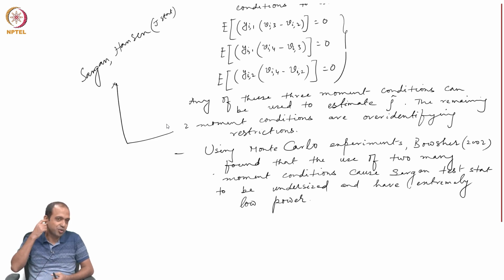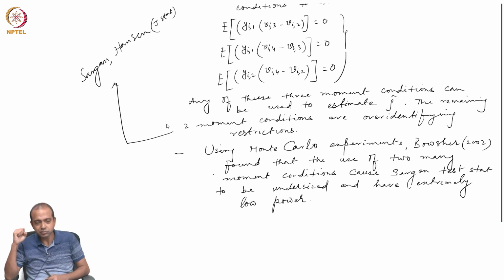That means, when you have relatively larger time periods, with too many instruments, the Sargan test is undersized and the power of the test also becomes extremely low. Okay?